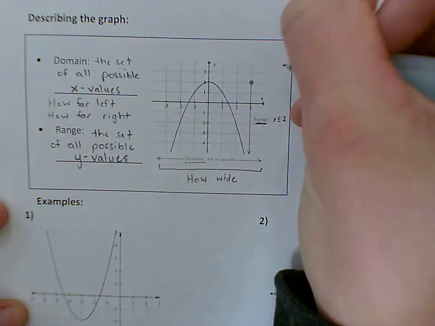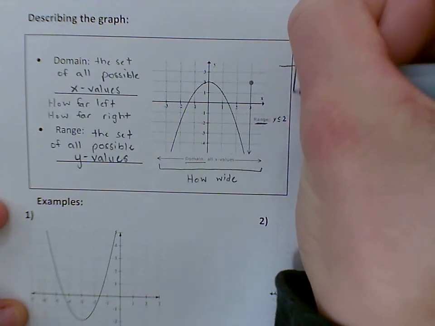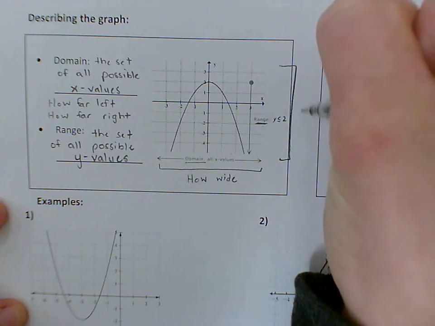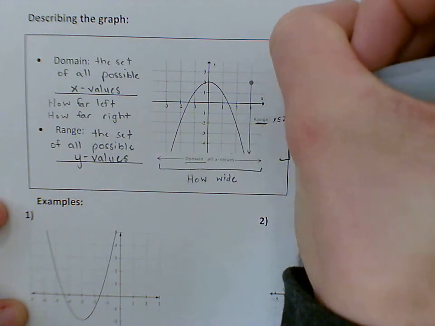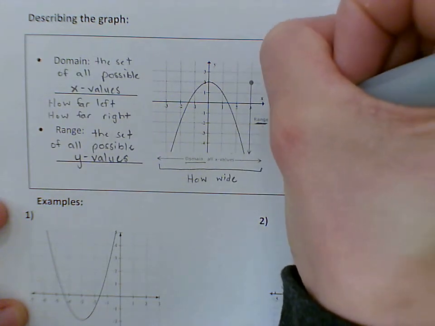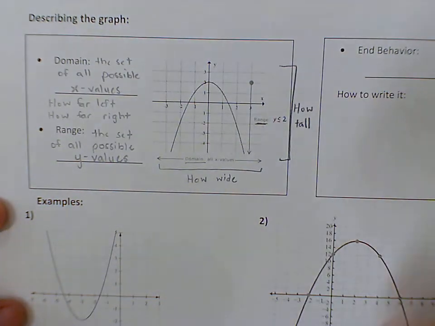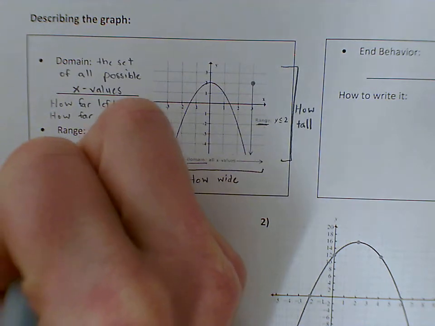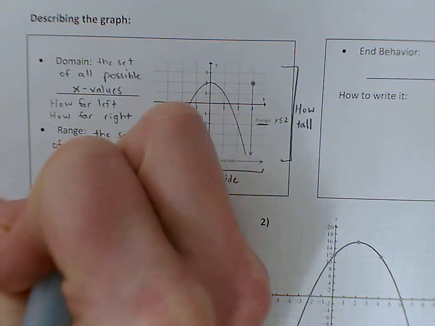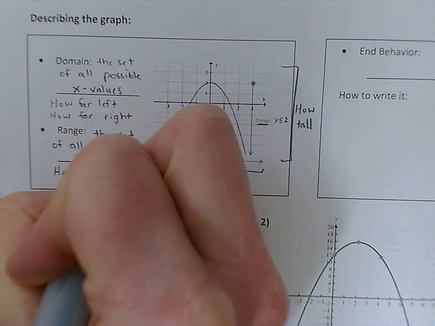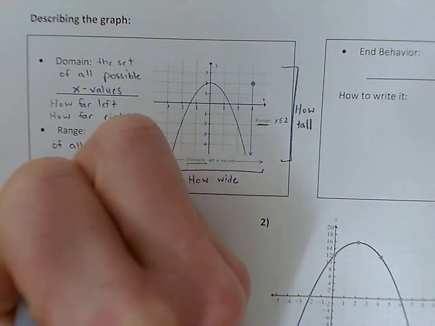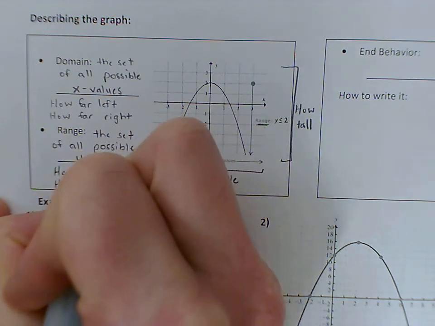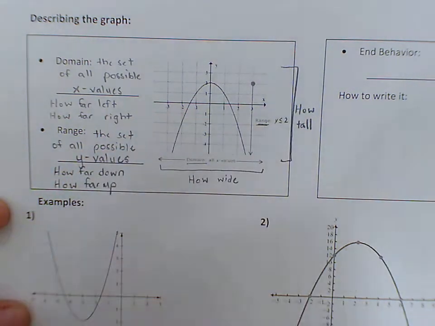If I look at how tall my graph goes, how far down it goes and how far up it goes, then you would be describing the range. So with range, you look at how far down it goes first, and then how far up it goes. Okay, so those are a couple of ways to think about these.